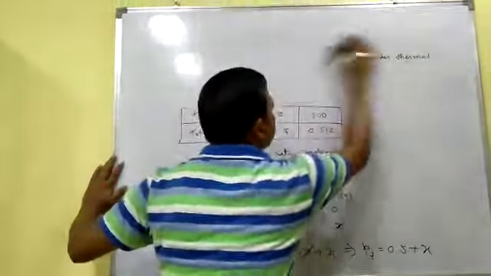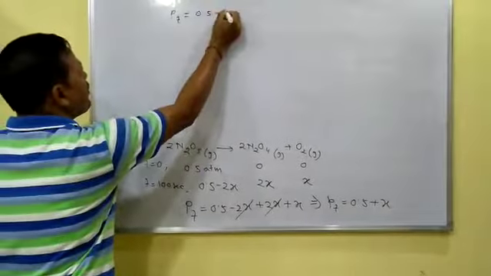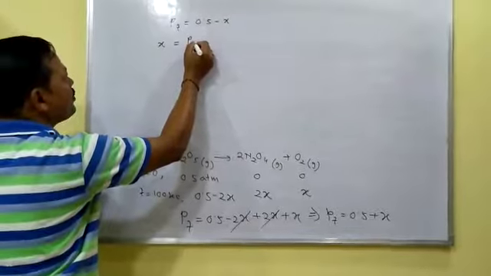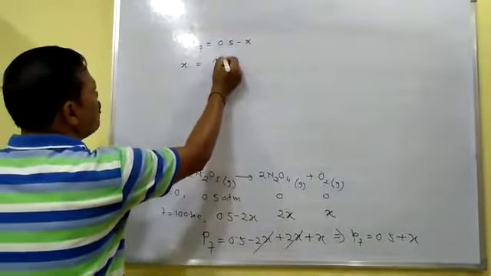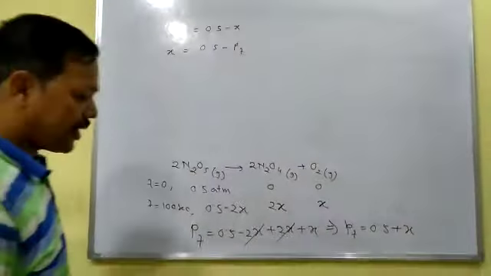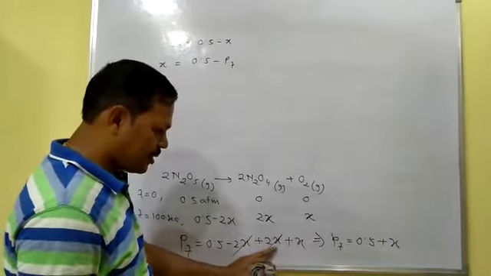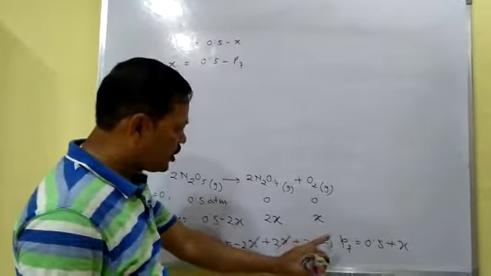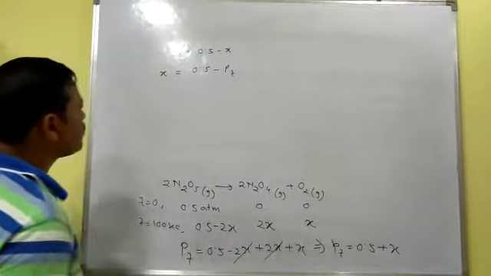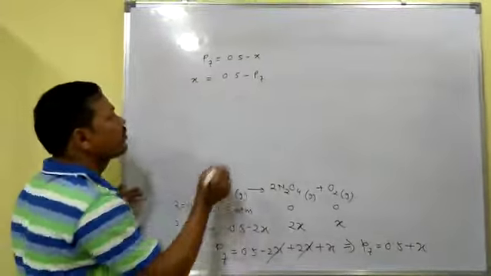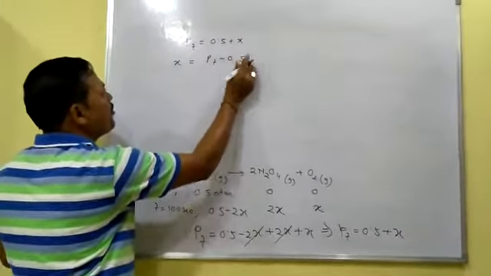So you have got total pressure PT equal to 0.5 plus X. Something was wrong before, 2X cancels, so it becomes PT equal to 0.5 plus X. So X is equal to PT minus 0.5.